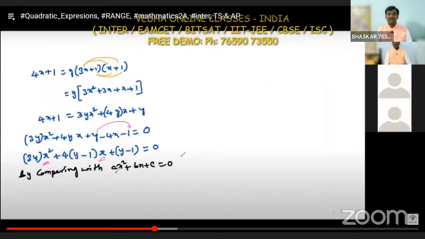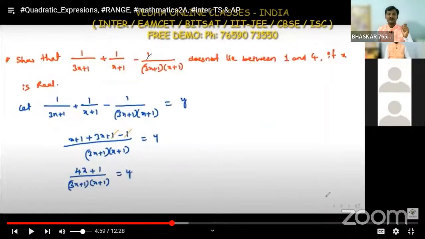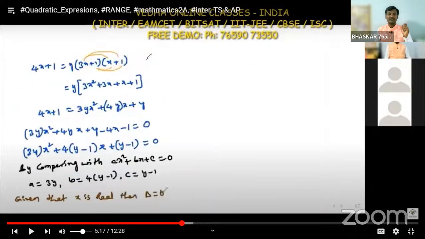So we are comparing with ax square plus bx plus c is equal to 0, the general equation. Then what we get here: a value, the x square coefficient, is 3y; the x coefficient b is 4 into (y minus 1); c is y minus 1.